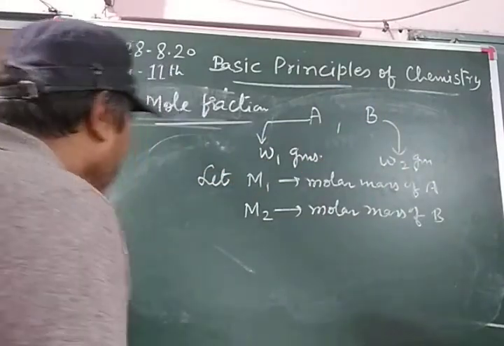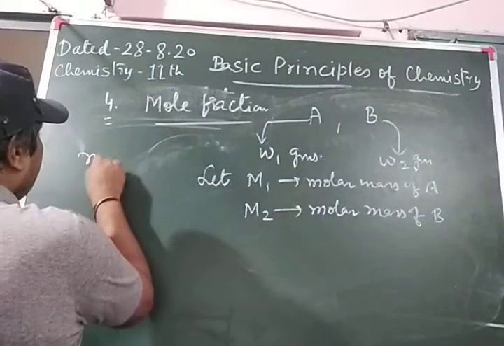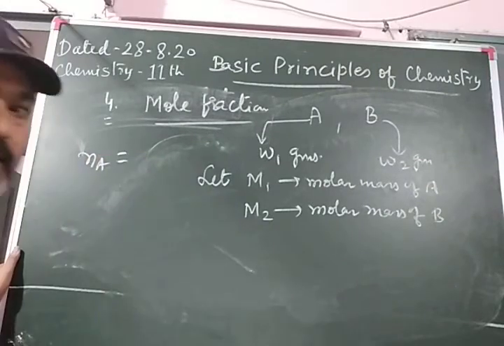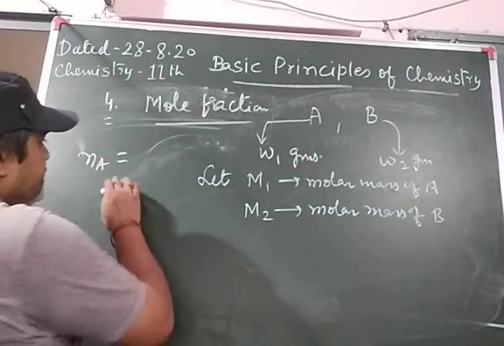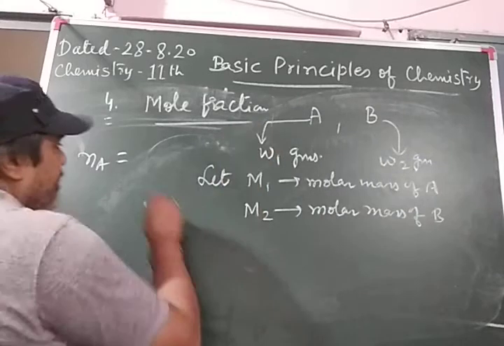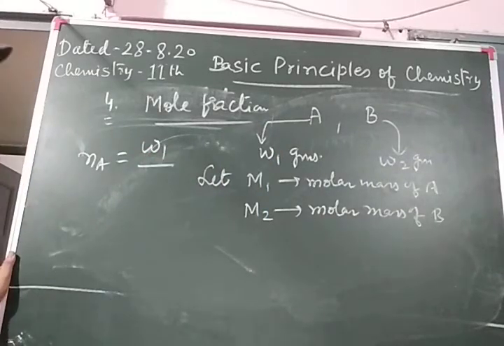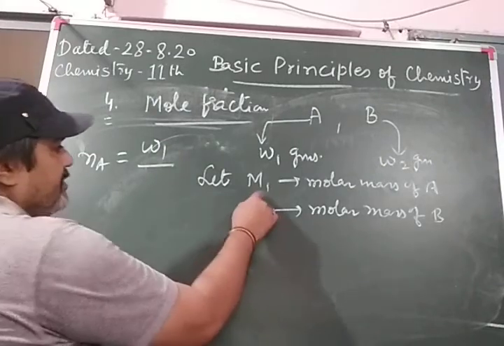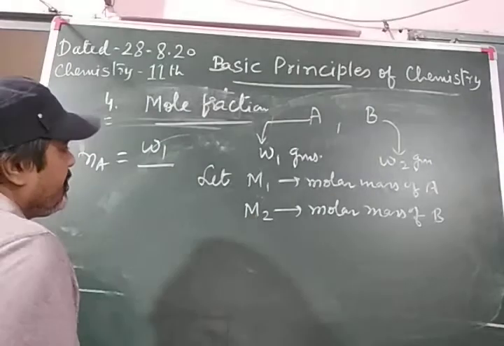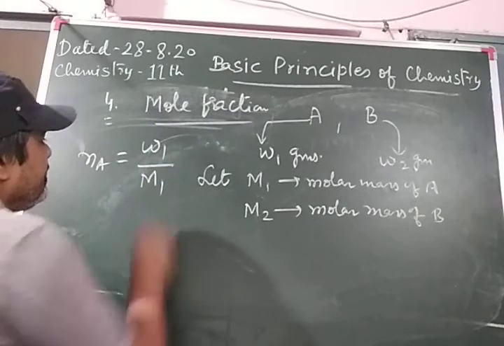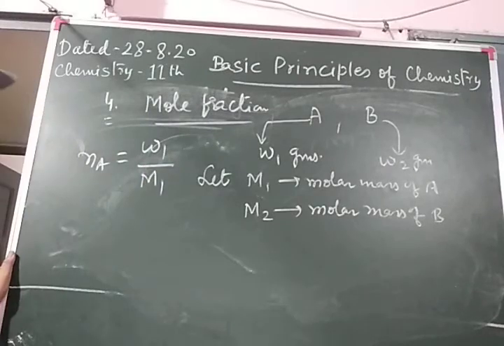Okay, so let number of moles of A is Na. This Na is equal to the mass of A, which is W1, divided by the molar mass of A, which is M1. So Na equal to W1 upon M1.